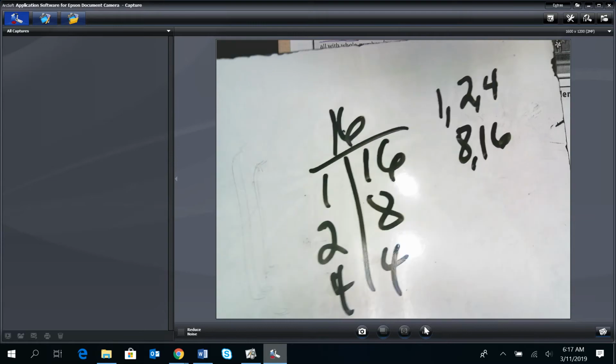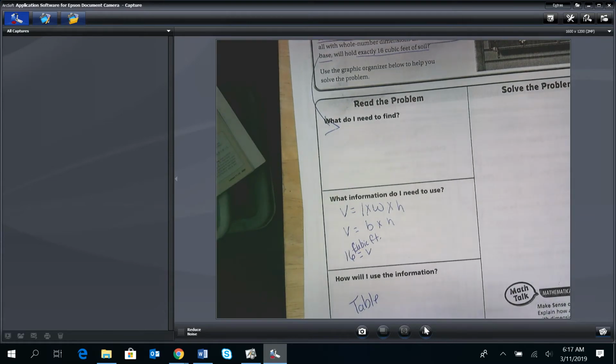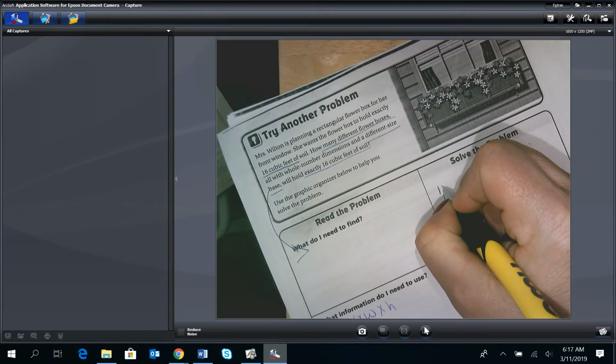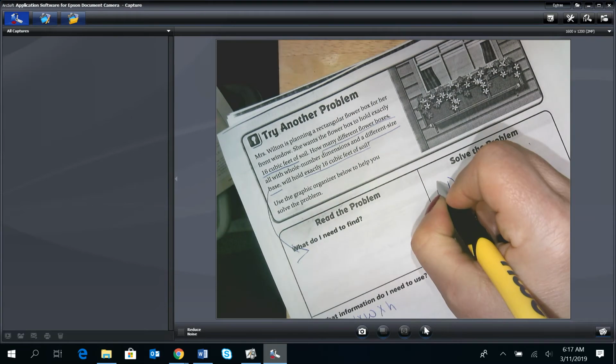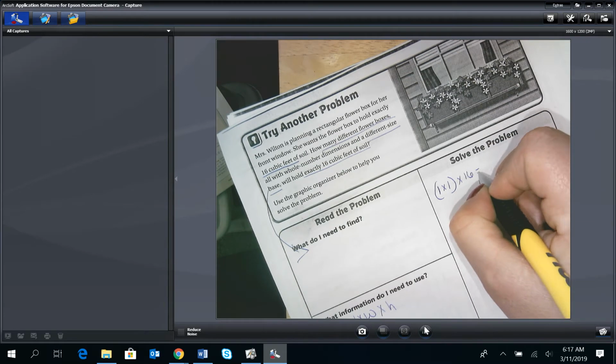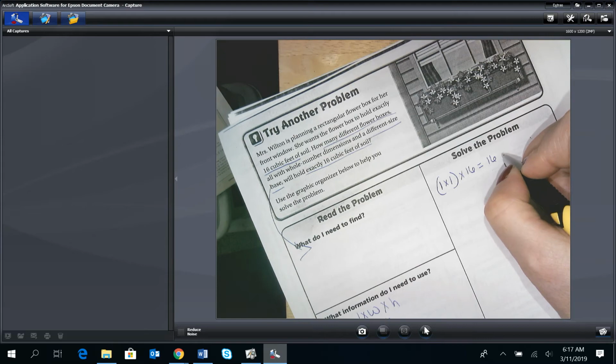All right. Now, what I want you to do is on the side, start, and it's always easy if you start with 1 times 1 times 16 equals 16 cubic feet. Remember that the 3 means cubic feet.